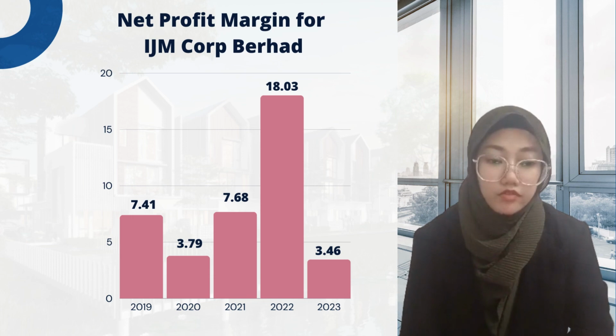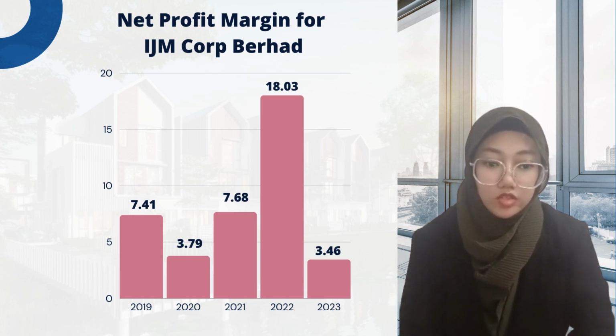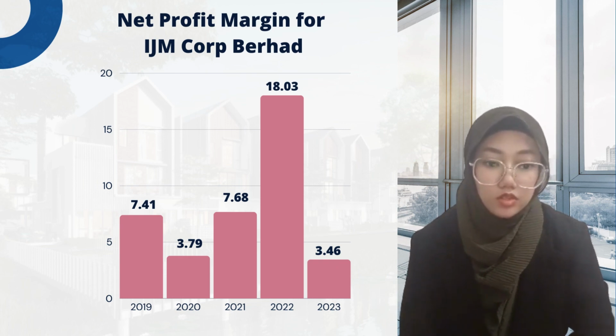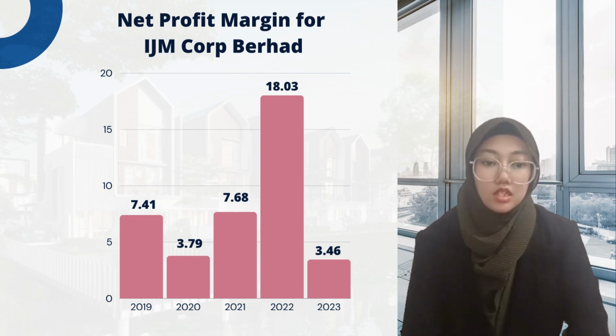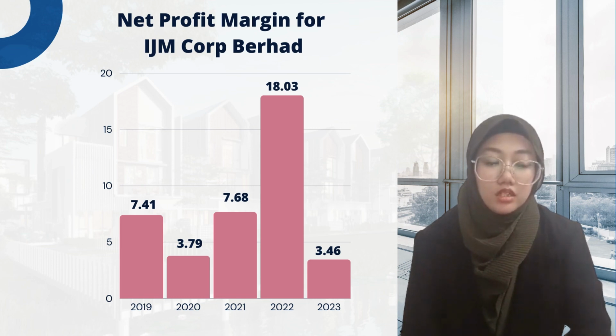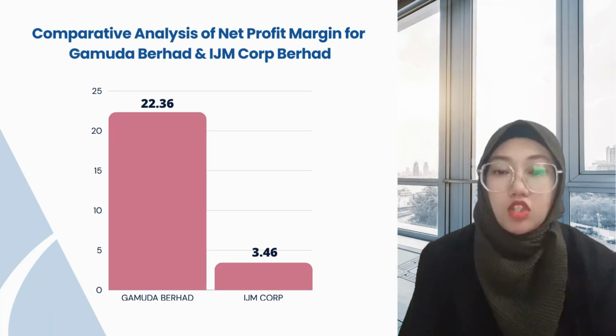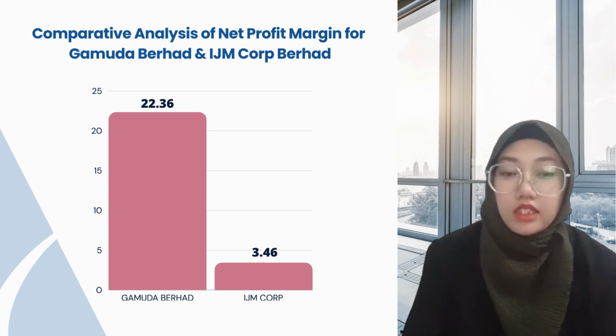The net profit margin for IJM Corp is very fluctuated, but their highest margin was in 2022, which is the year when they discarded IJM Plantation. In the comparison between IJM and Gamuda Berhad, the net profit margin of Gamuda Berhad is higher than IJM.